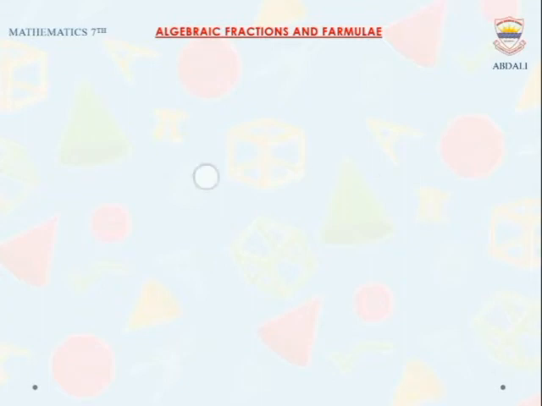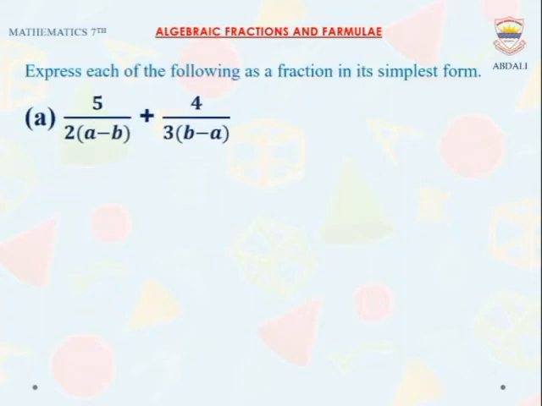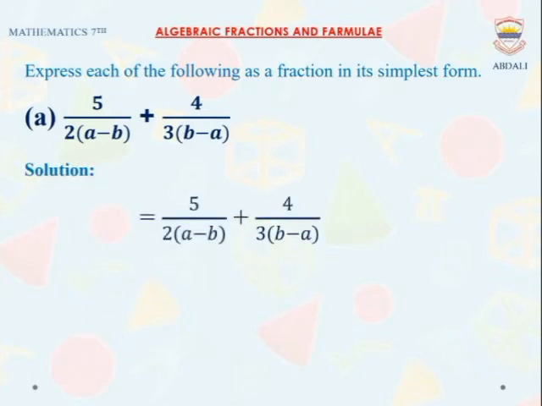Now let's see the other question, which is 5 by 2a minus b plus 4 by 3b minus a. Let's start the solution. Firstly, we will rewrite our question as it is.